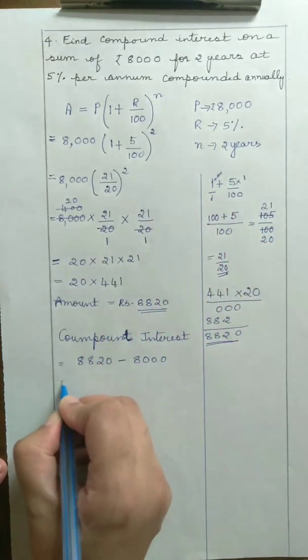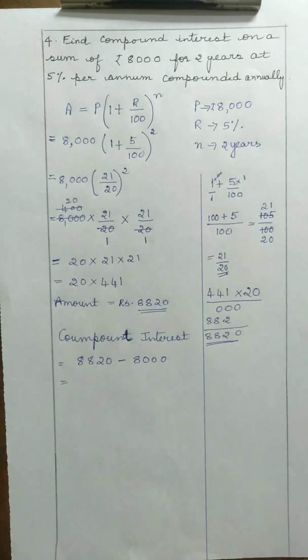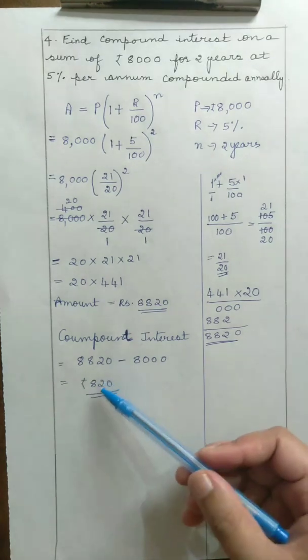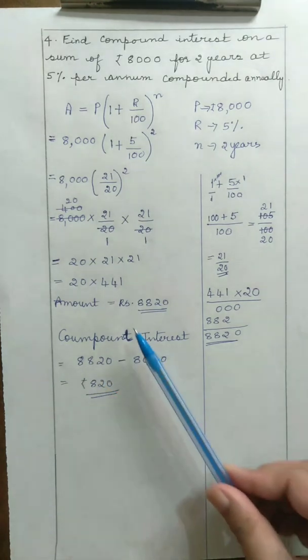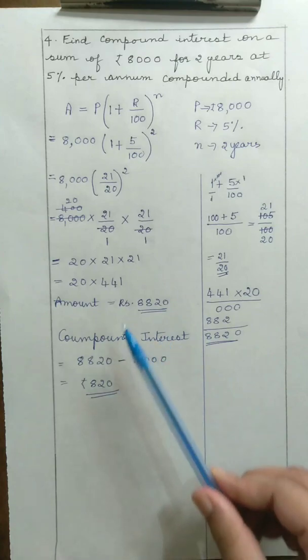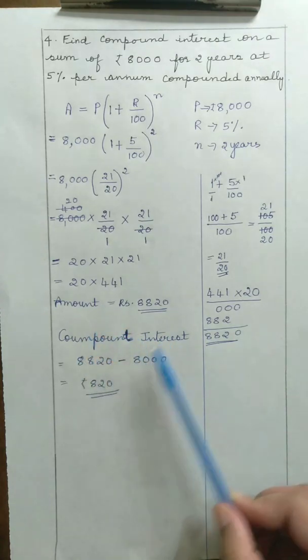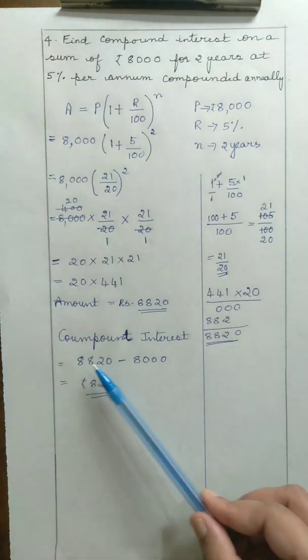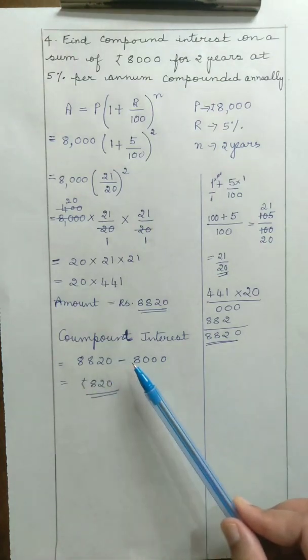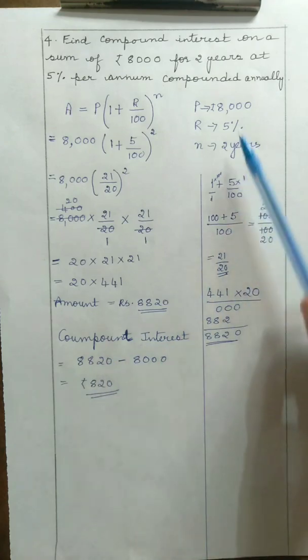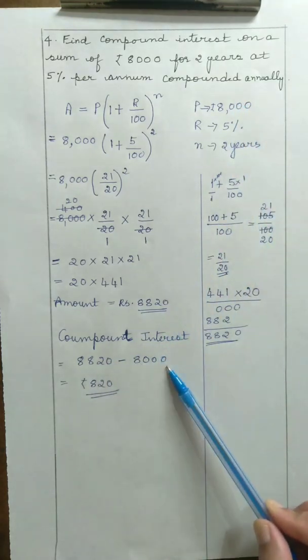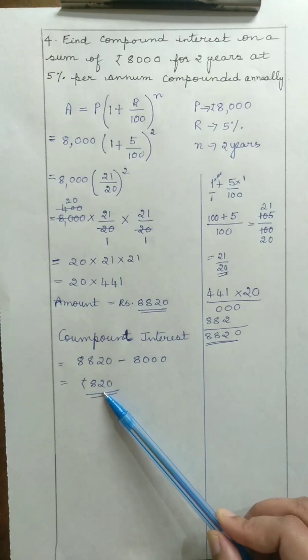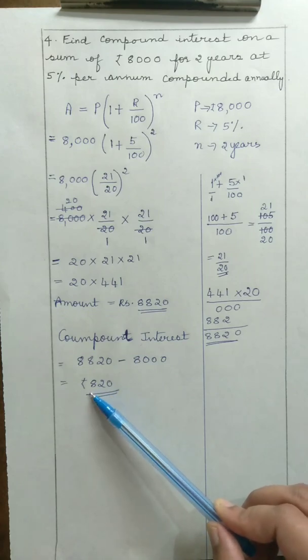So when we subtract, we get the answer equal to rupees 820. Therefore, to find out the compound interest, we take amount minus the principal amount. So rupees 8820, the amount value, minus the principal value, that is 8000, we get the final answer: compound interest is equal to rupees 820.